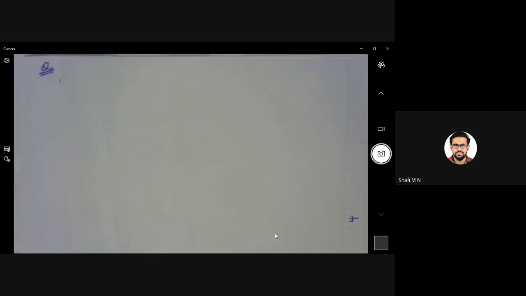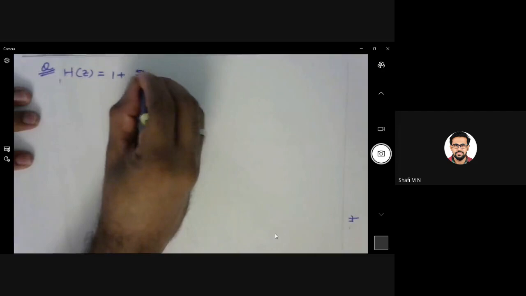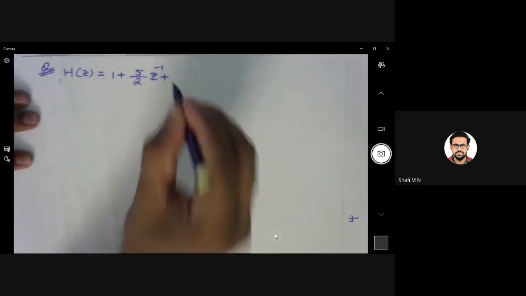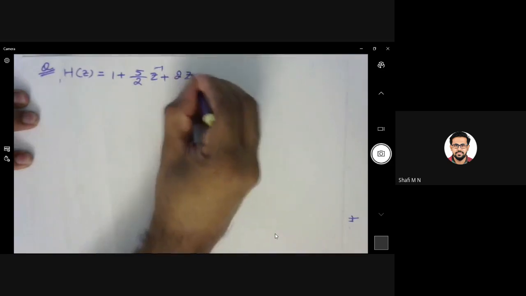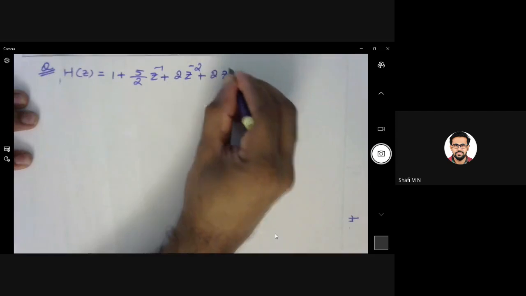So write the next question: obtain the cascade realization of the system given by the transfer function H(z) = 1 + (5/2)z^-1 + 2z^-2 + 2z^-3.